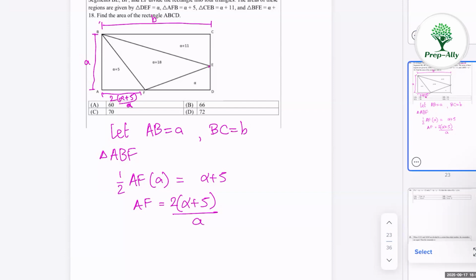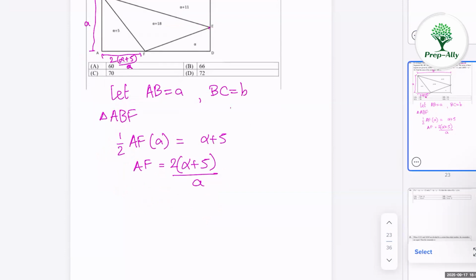And similarly, in this triangle here, in triangle BCE, we can write the area as half into base into height, half into CE into b, which is equal to alpha plus 11.